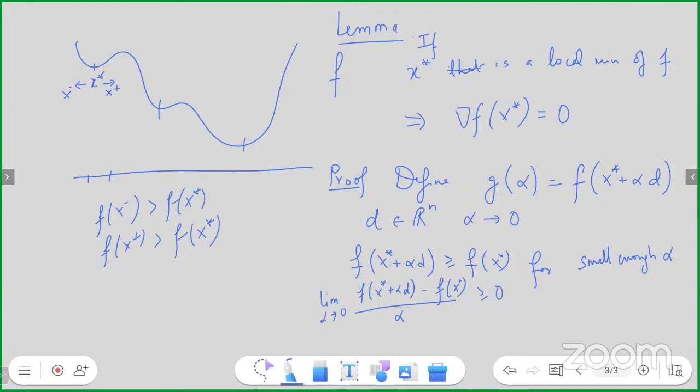We did this in an earlier class also, which I left as an exercise to show. Yeah, so it is del f x star times d.